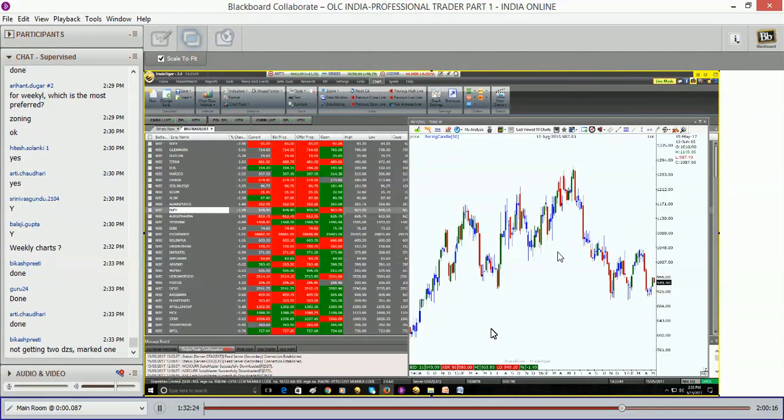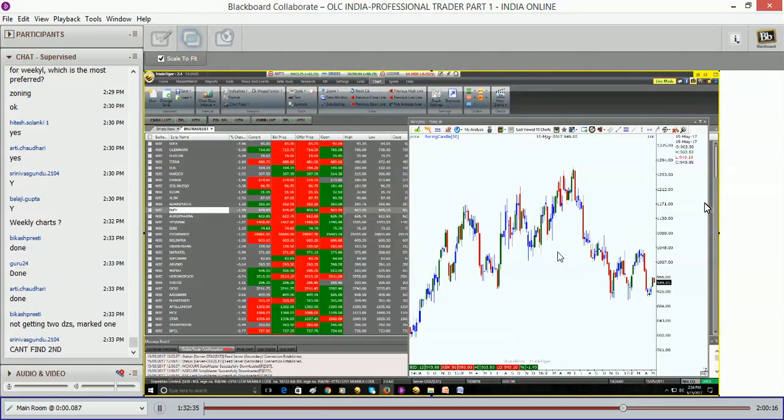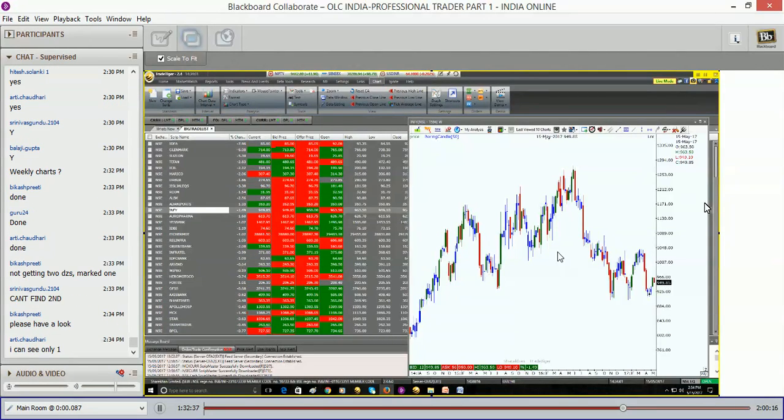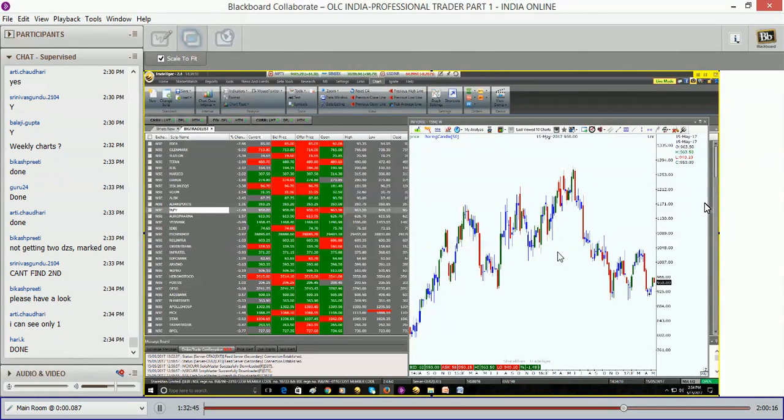I can see one on my screen. Because you're saying not getting two, I want to see the second demand zone. Let's have a look at Aarti. Srinivas, there is one. Look carefully. That is why I have given you the exercise. That is the reason for this exercise.